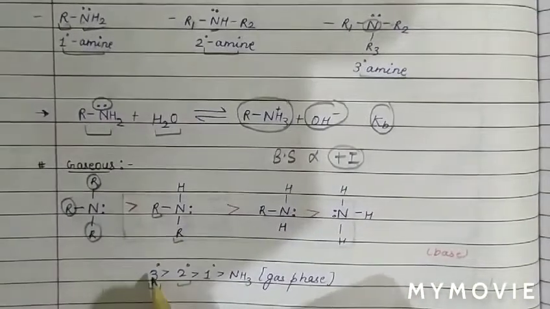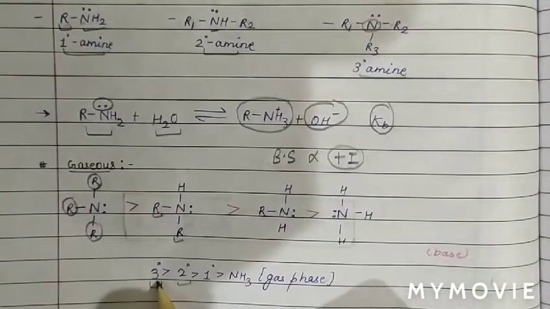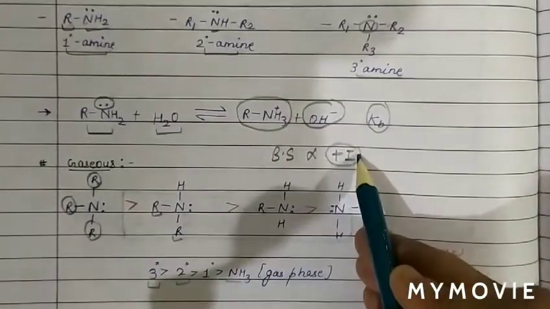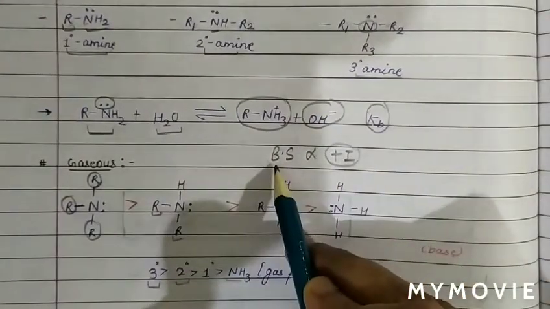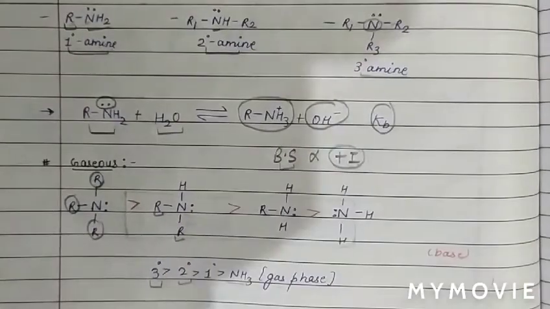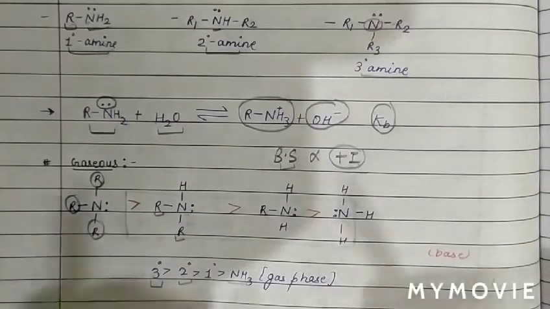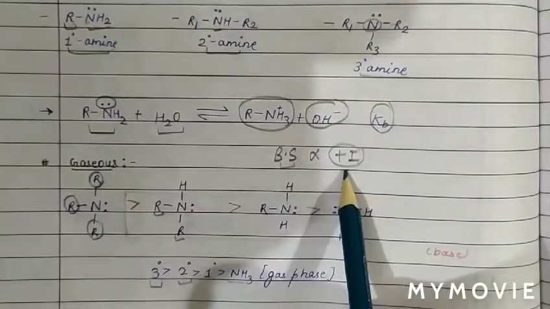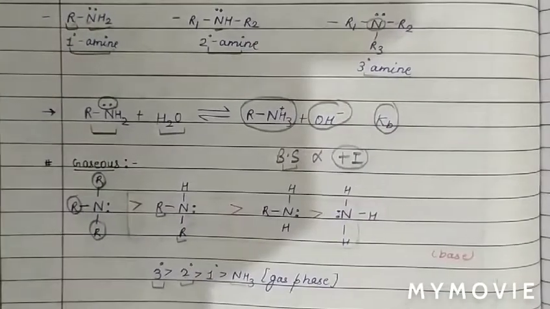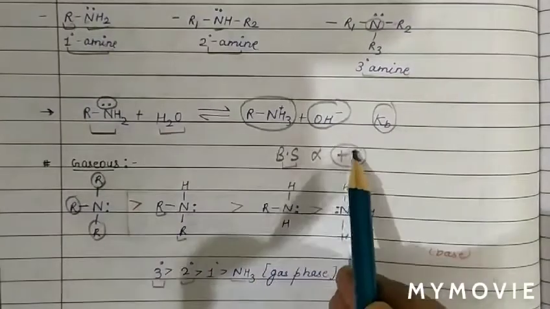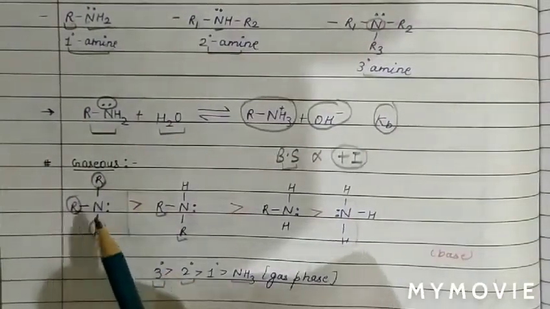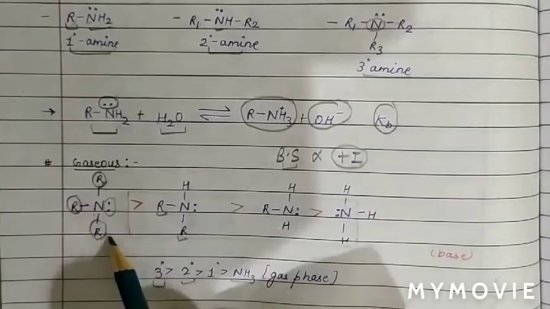Therefore the order of basic strength is 3 degree, 2 degree, 1 degree, and then ammonia, because more plus I groups increase the basic strength by increasing the electron density. So basic strength in the gas phase is compared on the basis of plus I and minus I effect. A plus I group increases the electron density of the nitrogen atom, therefore it is more basic.